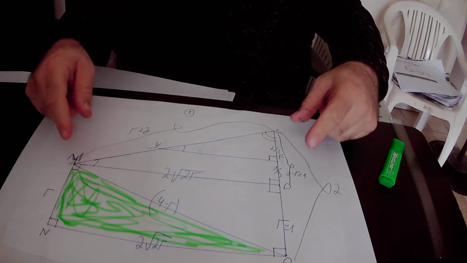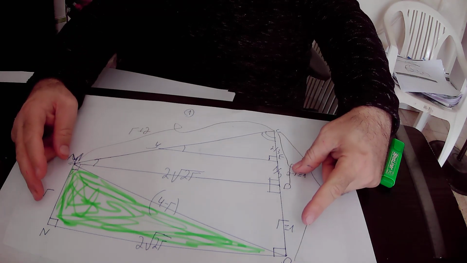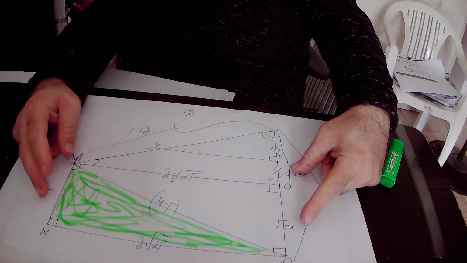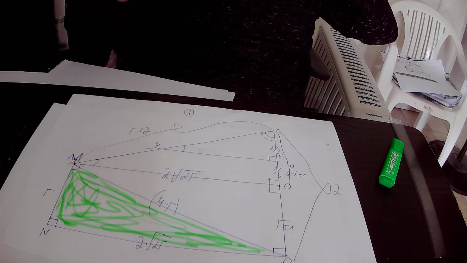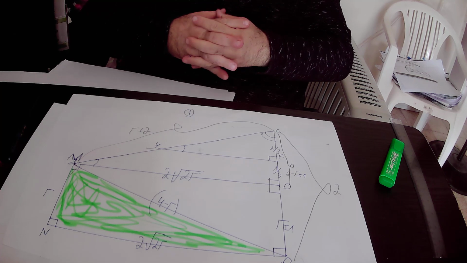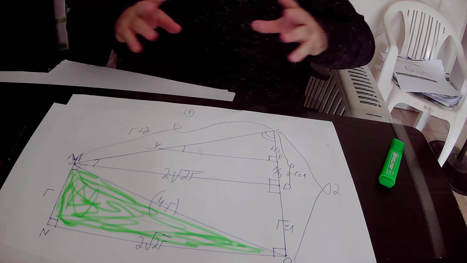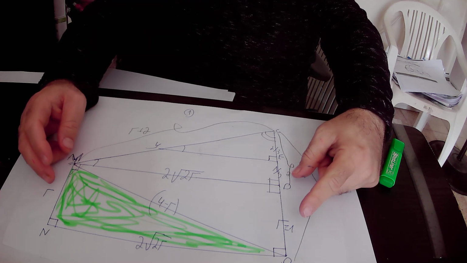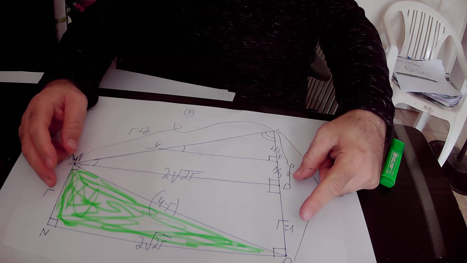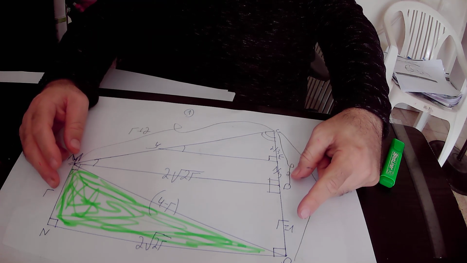So here we have quadrilateral MNOD that has 4 right angles. And any quadrilateral that has 4 right angles must be at least a rectangle, if not a square. So quadrilateral MNDO is at least a rectangle.